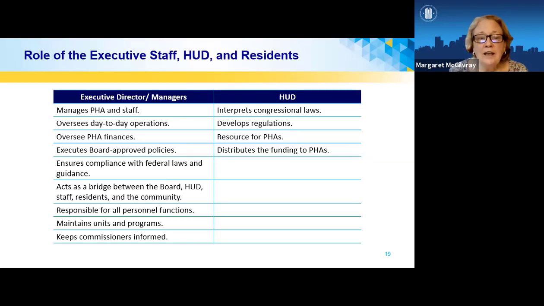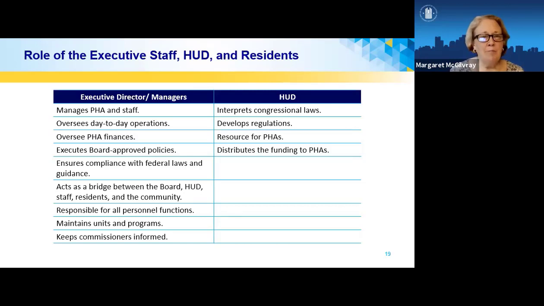As for HUD basically, their role is to create regulations from congressional laws and such that help the housing authority operate. In some cases, those aren't always so helpful, but those are the requirements. They're also a technical assistance resource to PHAs. So they wear sort of two hats.